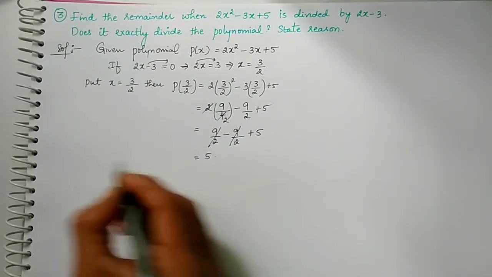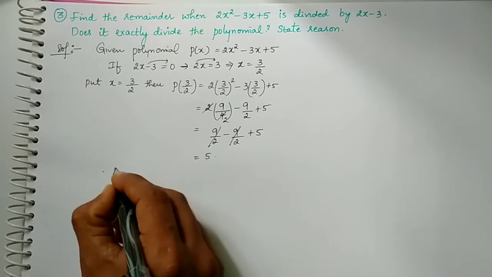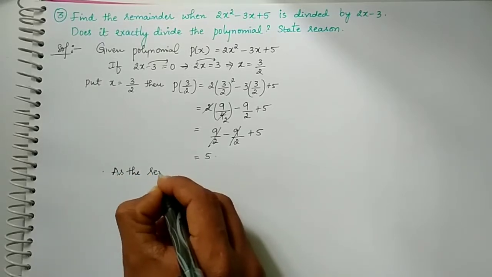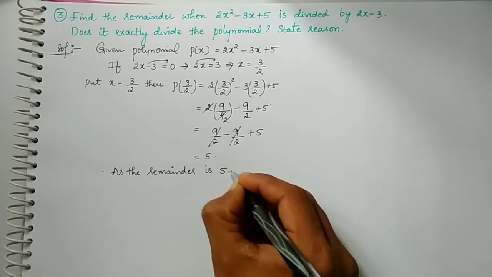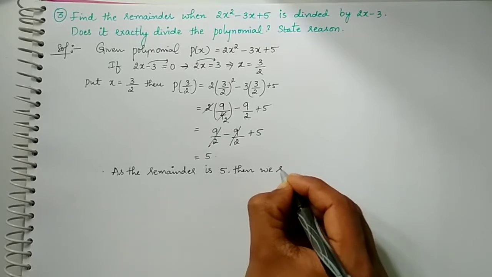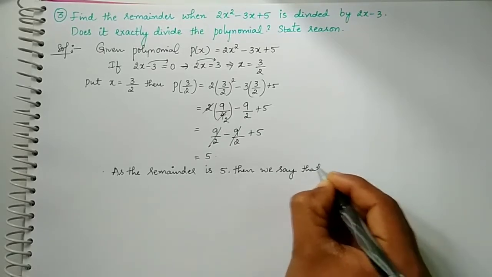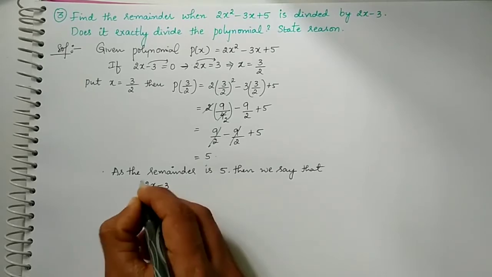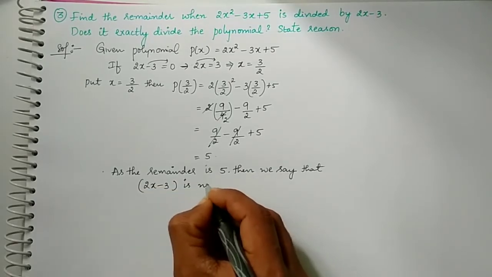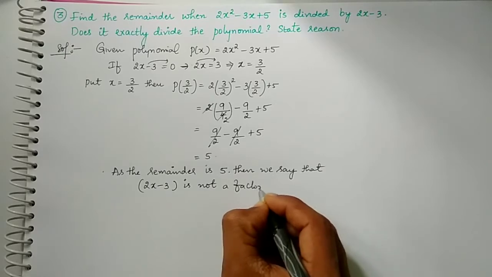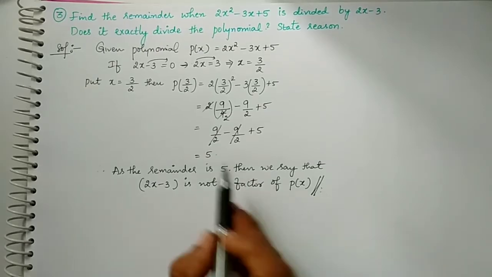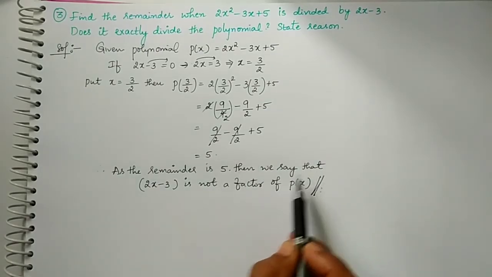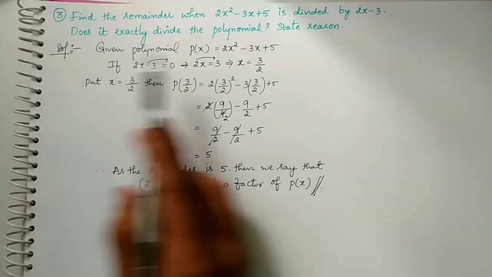Here the remainder is 5, so we can conclude by writing: the remainder is 5, then we say that 2x minus 3 is not a factor of polynomial p of x. Understood? Here the remainder is not 0, so it is not a factor of the given polynomial p of x. So this is question number 3.